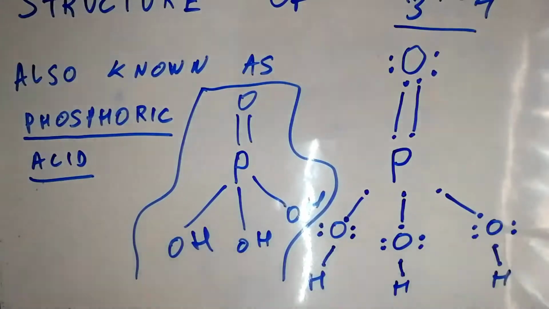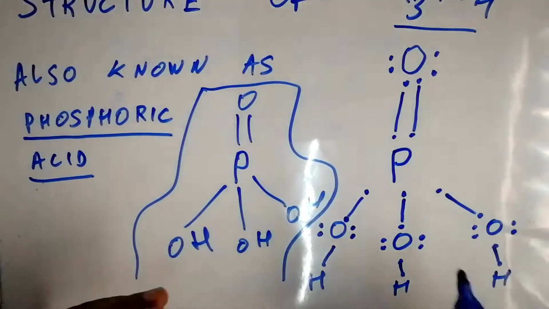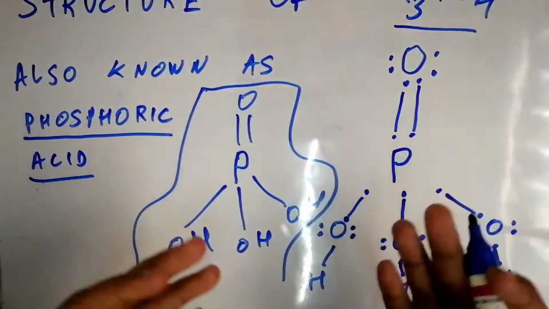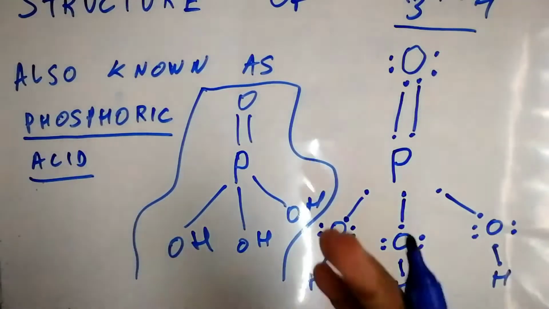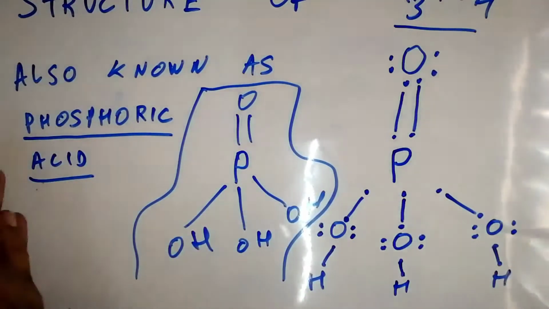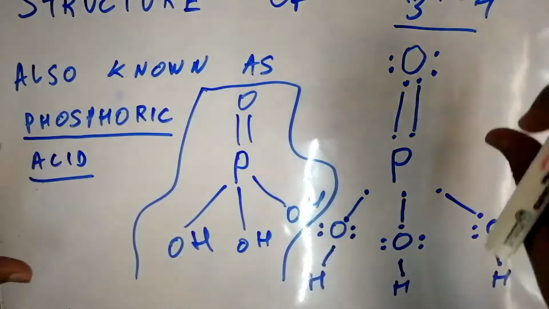And also one more thing, this doubt arises in many cases: since this is an acid, we calculate the basicity of an acid and the acidity of a base. So this is an acid, and we're going to find out the basicity of this acid. Basicity actually means how many hydrogen ions an acid can give.